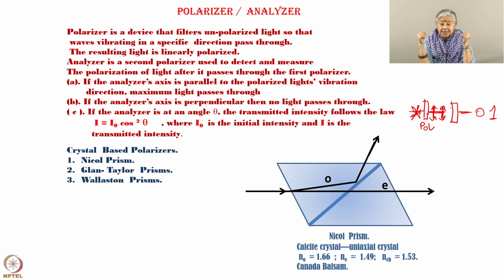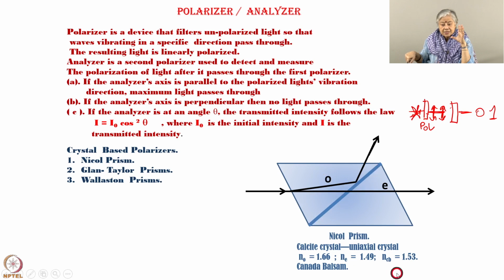What about the Glan-Taylor prism? It's basically the same thing, similar. They call it a prism because this part is like a prism and this part is also like a prism. The Glan-Taylor prism doesn't have a glue in between. Glue of Canada balm is not there. It's just air. It's really precision optics, placing them very nicely together so that you have just air here.